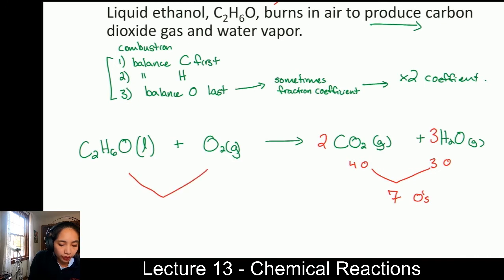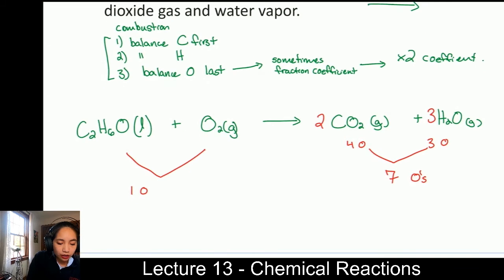But on the reactant side, there's 1 oxygen coming from ethanol, and then there are 2 in our oxygen molecule. We want to put a coefficient in front of this oxygen molecule to bring our total up to 7 on the reactant side to match the product side. So we need 6 oxygens to bring us up to 7. If I want 6 oxygens total, I'm going to put a 3 in front of our oxygen molecule.